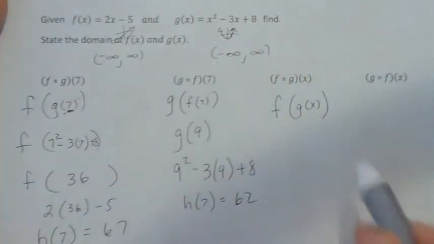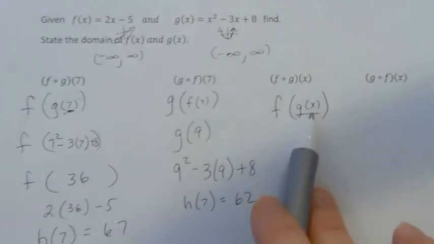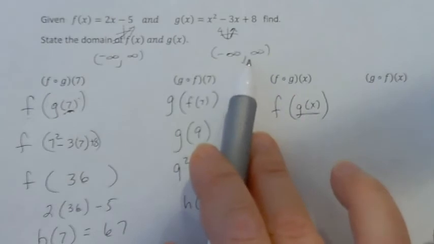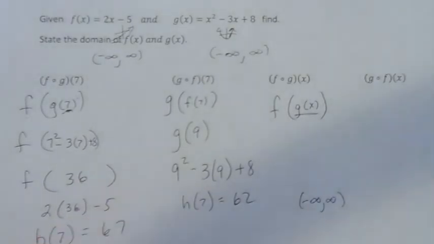I just look at the inside part, the domain of this inside part. So since the inside part is g, I'm going to get the domain of this function by figuring out what the domain of the g function is. And the domain of the g function is negative infinity to infinity. Now, as I work the problem, I may have to tweak it a little bit, but for now, it's going to be negative infinity to infinity.